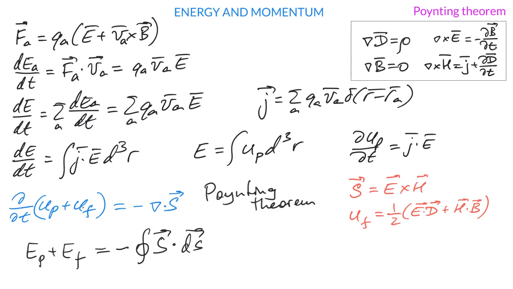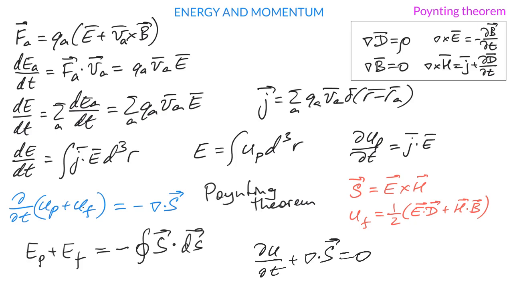Notice that the general form of the Poynting theorem has the structure of the continuity equation. So we could rewrite this as du by dt plus the divergence of S equals 0.